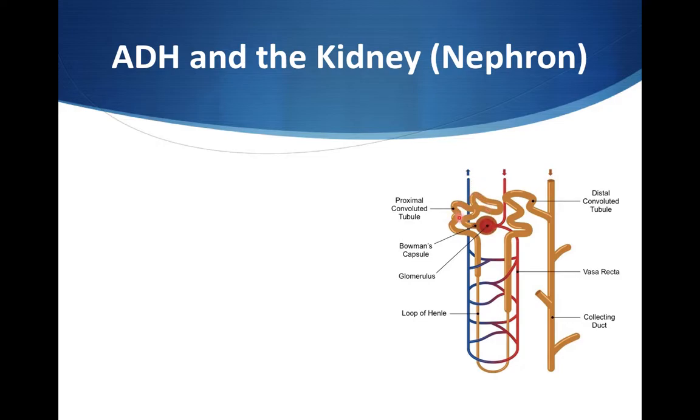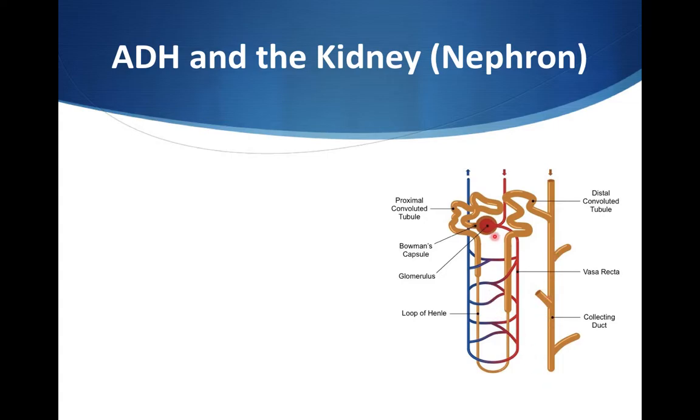Now the nephron is all of these yellow tubules, and basically the fluid in our blood is going to get secreted into these yellow tubules, and it's going to go through a structure called the loop of Henle. And as it's going through the loop of Henle, it passes through a bunch of capillaries, and that's the body's opportunity to reabsorb water before it makes its way over to a collecting duct and gets urinated out.